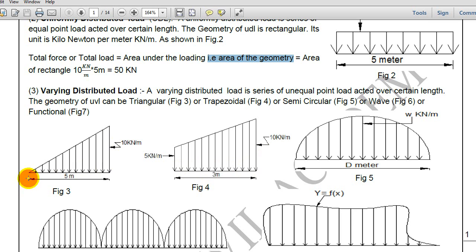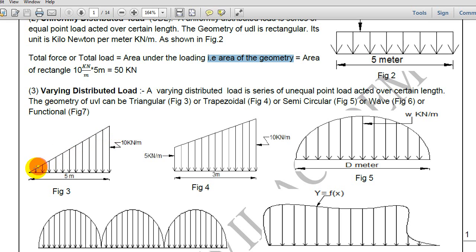In this, if you see figure number 3, this is a triangular loading with the height as 10 kilonewton. It is decreasing, and at 5 meter it will become 0. So what is the total load acting?